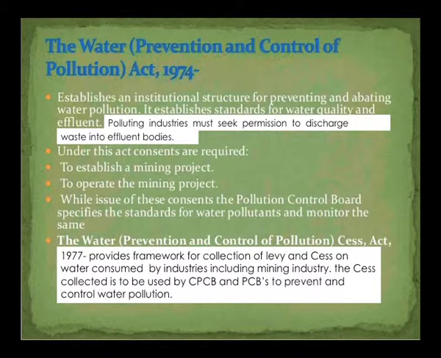The cess collected is to be used by the CPCB and the PCBs to prevent and control water pollution. So, like a deposit being collected, it makes sure that people abide by these rules, and if they do not, there is a surcharge they have to pay.